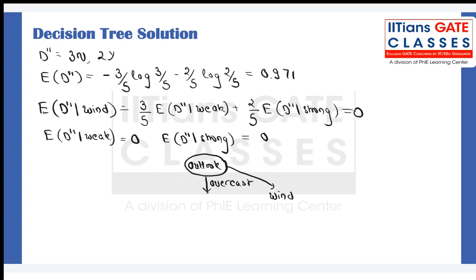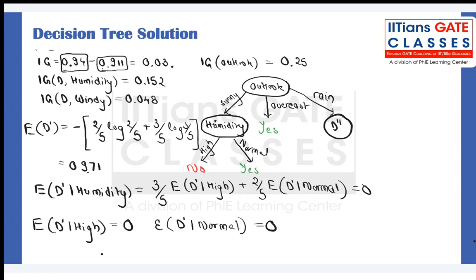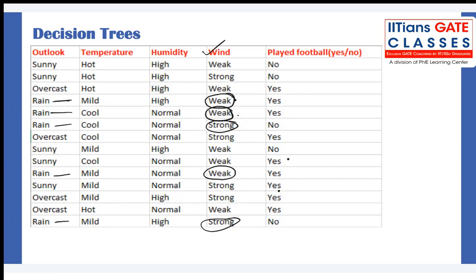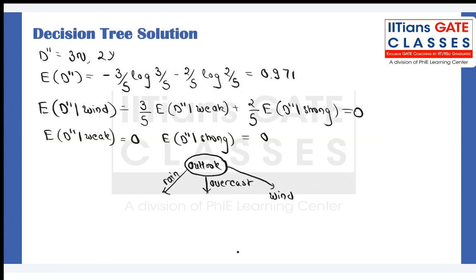And if it is rainy, I looked at humidity, which is a feature that had two values, either high or normal.